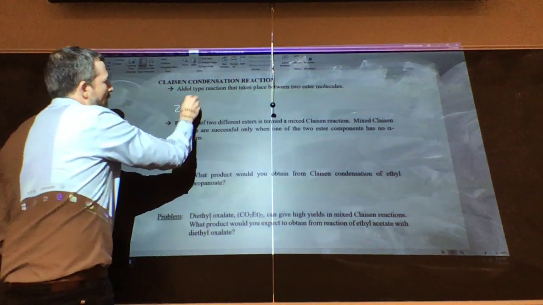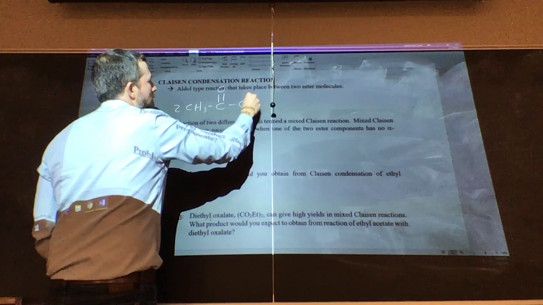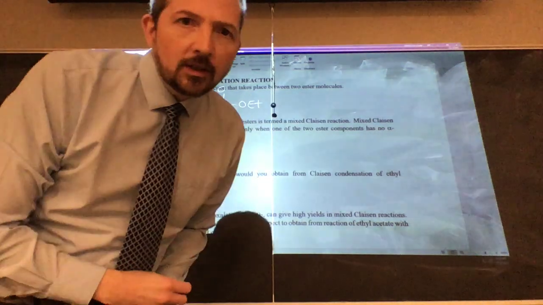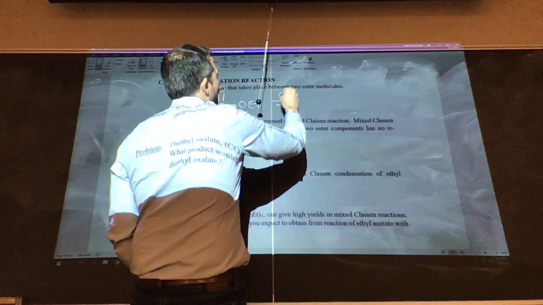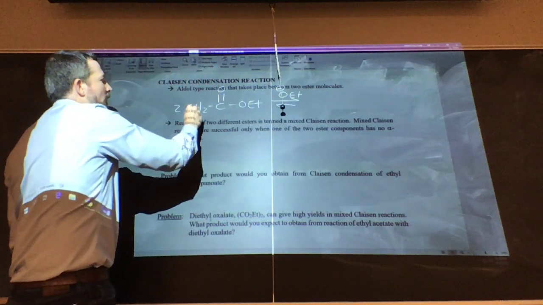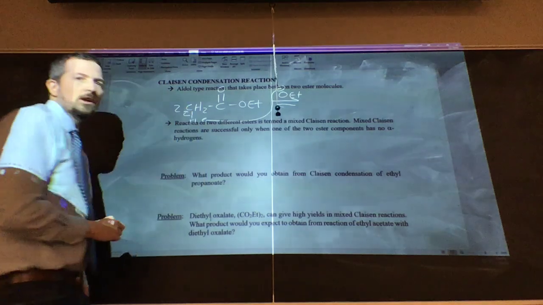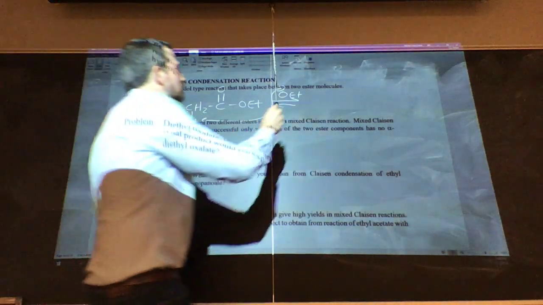Okay, so if I have two ester molecules, in the aldol reaction we took off that alpha proton, so we had a base present. We have our alpha protons here, and that base can take off an alpha proton.